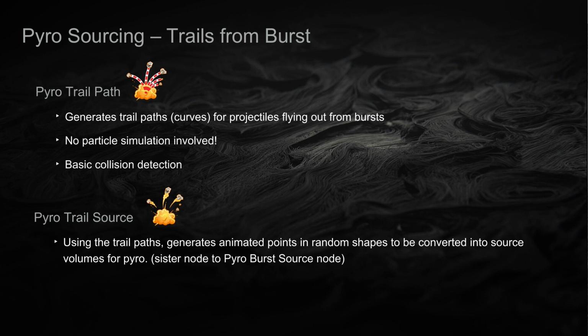So there is no pop simulation involved, which means these are very fast to generate and very fast to iterate over certain looks and certain properties of this path. But as a drawback, they cannot handle complex collisions, even though we introduced some basic collision detection that could help you with most cases.